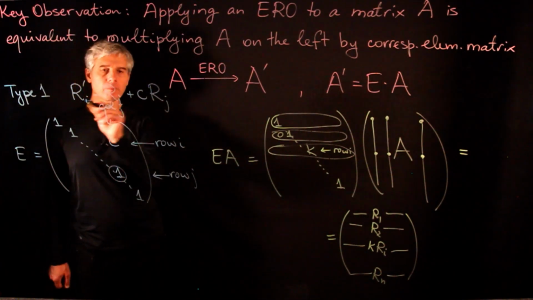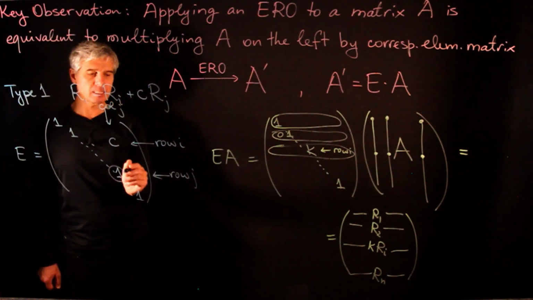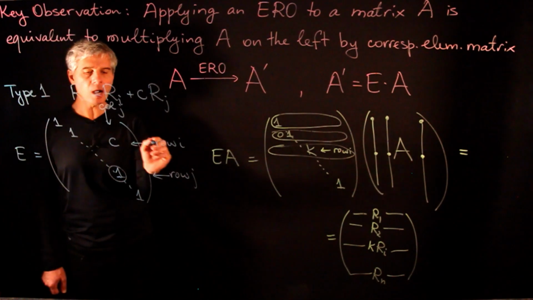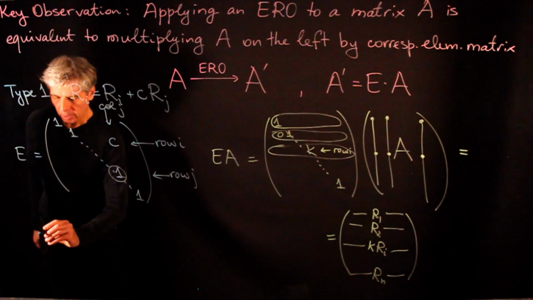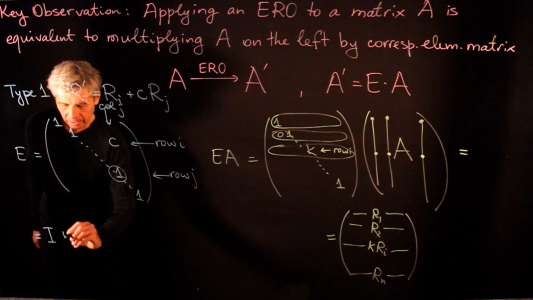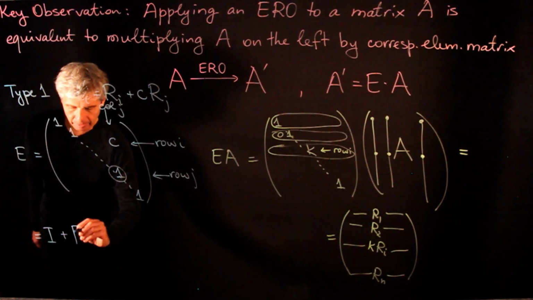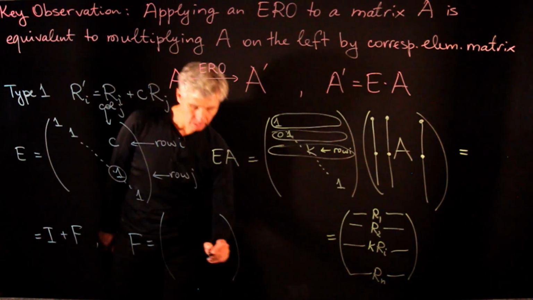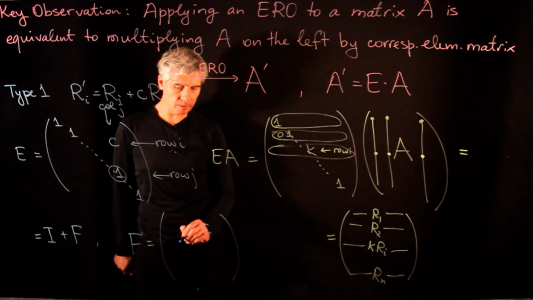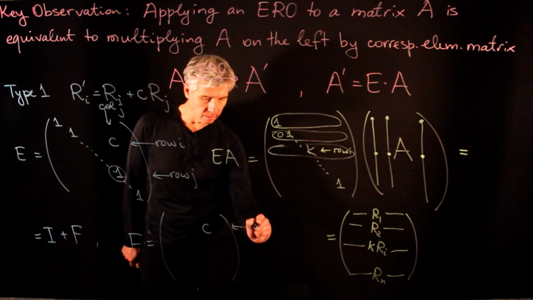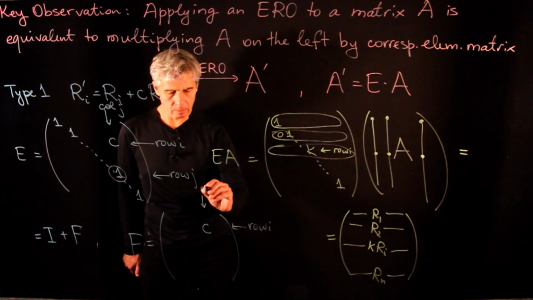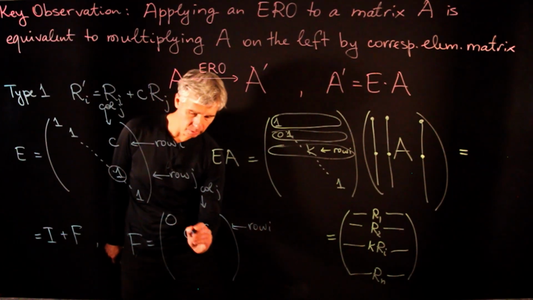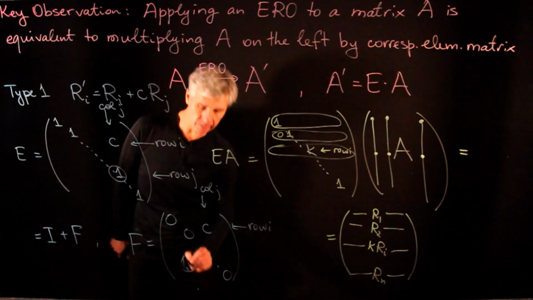So when we add to row i c times row j, this scalar c will appear in row i in column j. So we're going to write this elementary matrix as an identity plus the matrix F, where F is the matrix that has entry c in row i and column j and zeros elsewhere. So we have zeros on the diagonal and elsewhere as well.